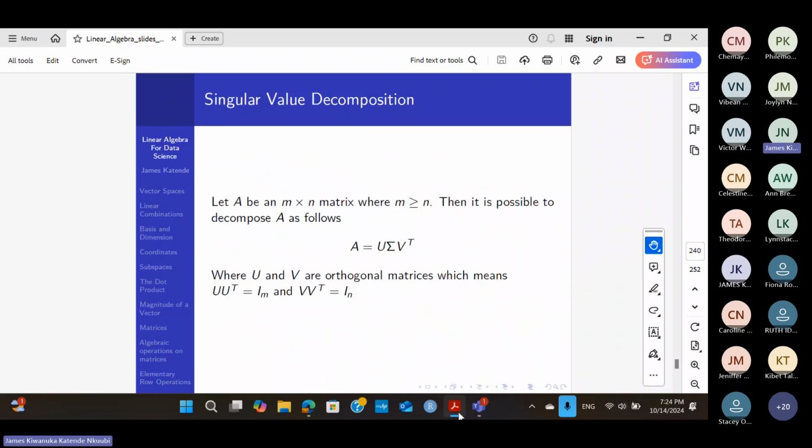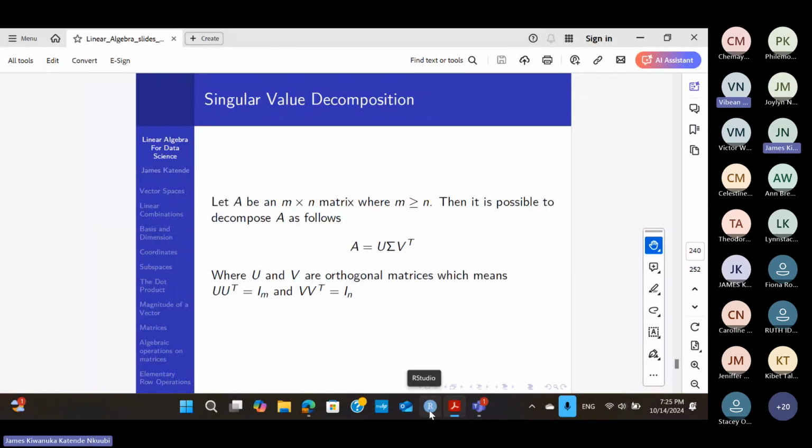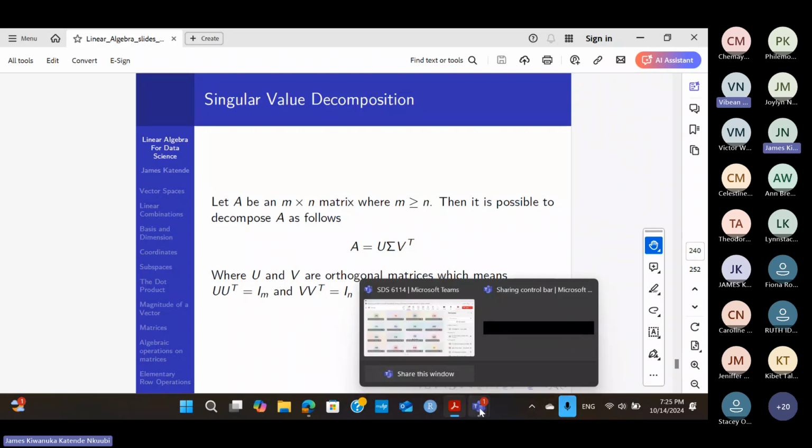So it turns out that this diagonalization, this eigen decomposition of a matrix, is not possible for all matrices. For some matrices, for example, if you want real eigenvalues for a rotation.